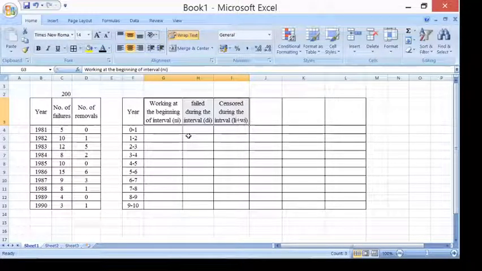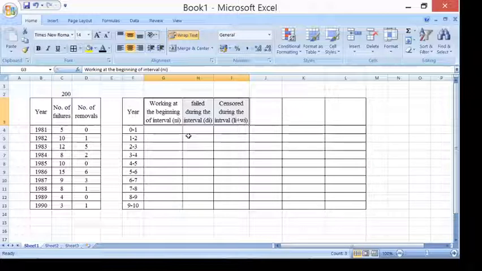At the start of the interval 0 to 1, how many engines were working at the start of that interval. Similarly, how many failures were there in that interval 0 to 1, which will be denoted by Di. So Di is the number of components failed during the interval.